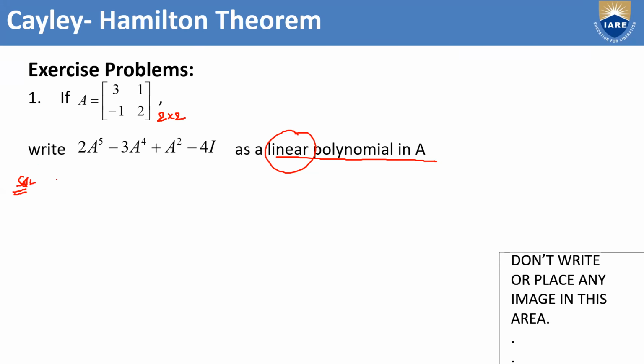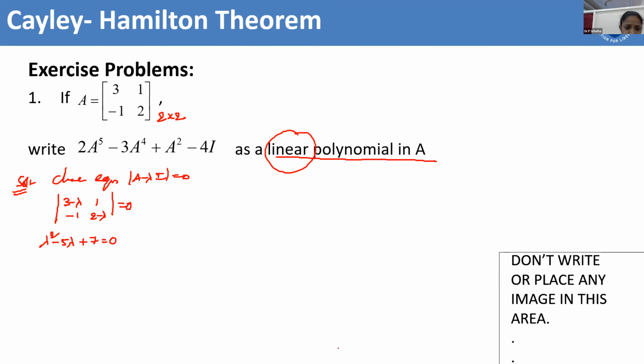Lambda square minus 5 lambda plus 7. By using the characteristic equation, that is det of A minus lambda I equal to 0, first of all we need to write these two steps: determinant of [3 minus lambda, 1; minus 1, 2 minus lambda] equal to 0. The characteristic equation is lambda square minus 5 lambda plus 7 equal to 0.